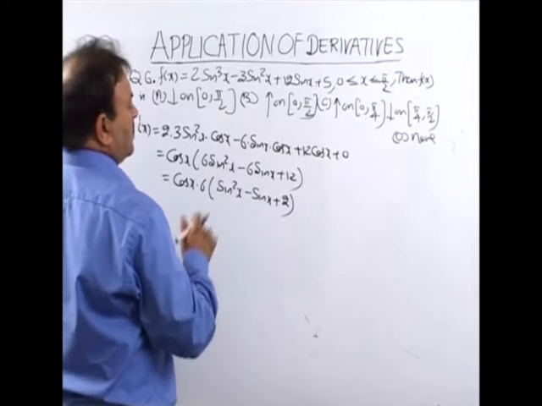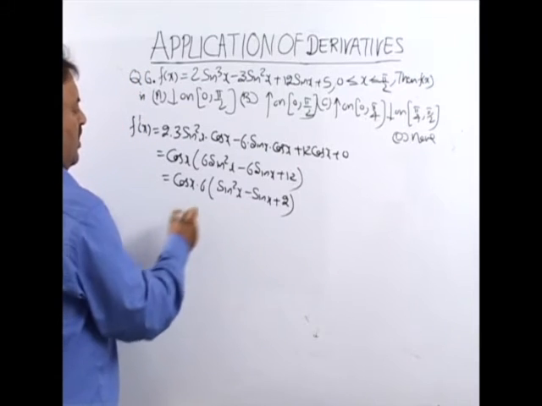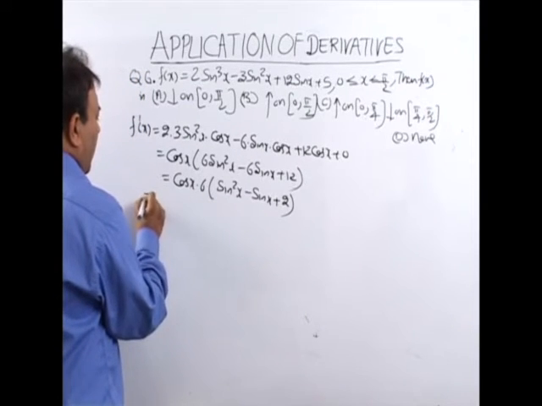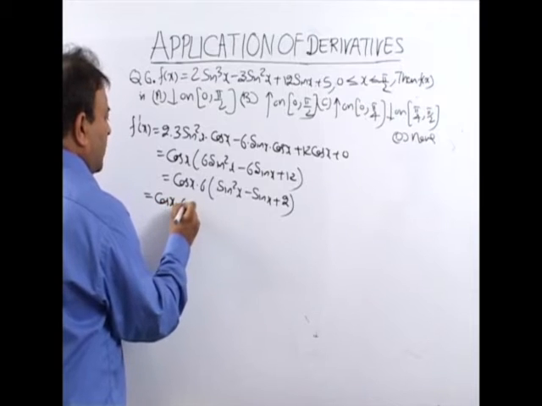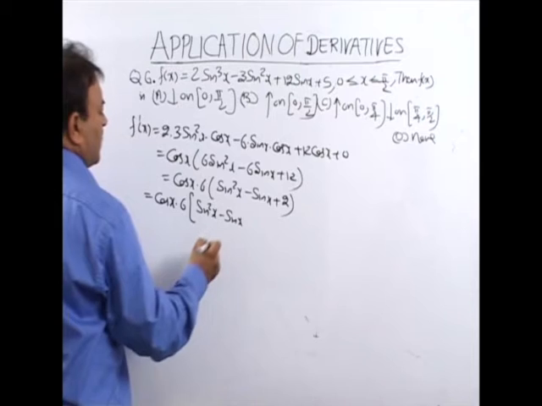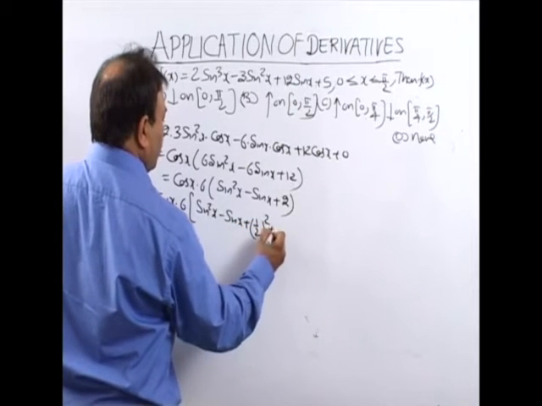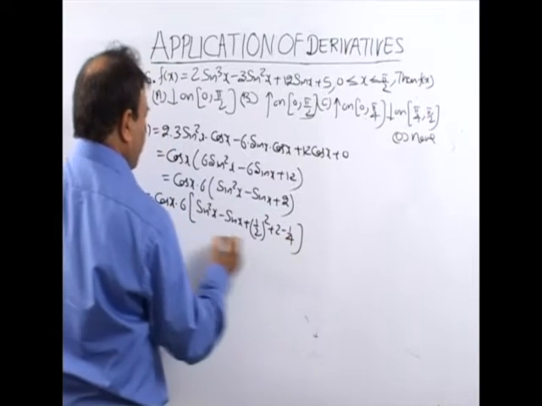Now clearly x lies between 0 and pi by 2, as we have been given. Now I'll try to make it a perfect square: cos x into 6 times sin square x minus sin x plus 1 by 4, the whole square, plus 2 minus 1 by 4.